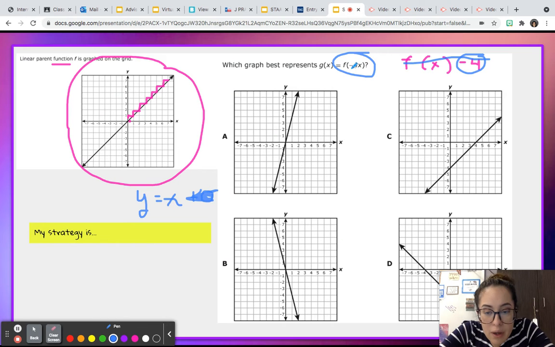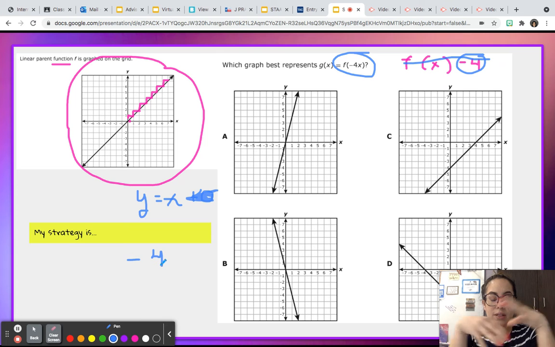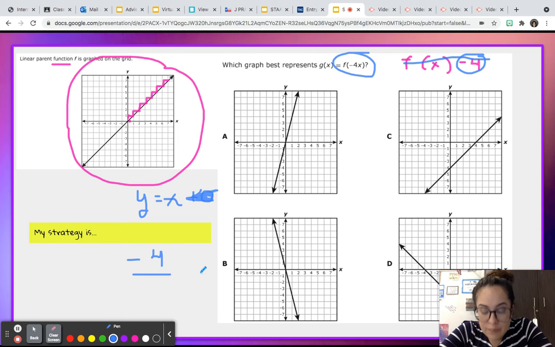But now I'm going to multiply negative 4 to it. So obviously the slope just changed to negative 4. But remember, when you have some sort of number like this, we can write numbers into ratios. A number such as this one, we can treat like a whole number, even though it's an integer that's negative.